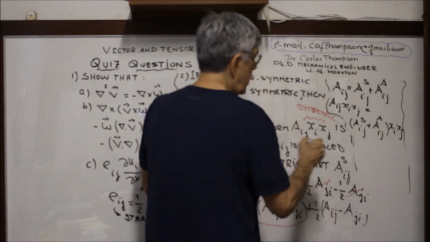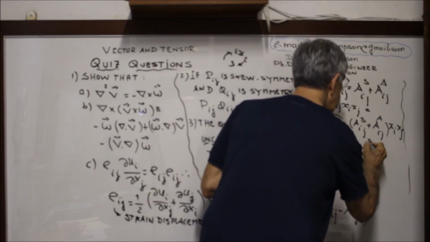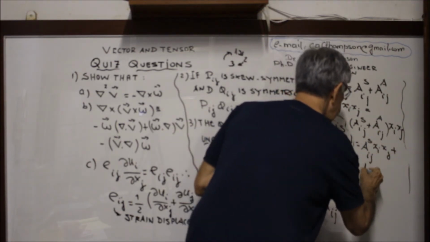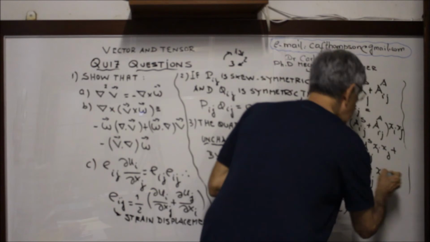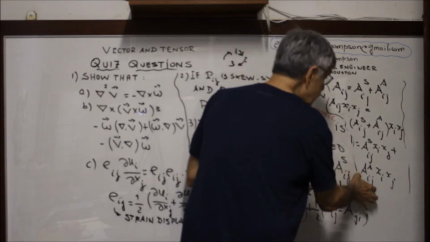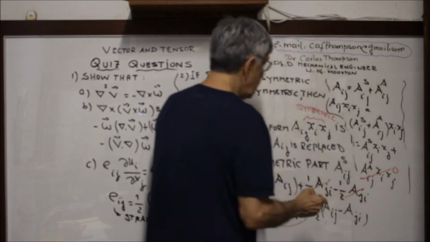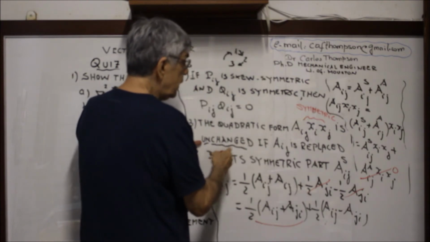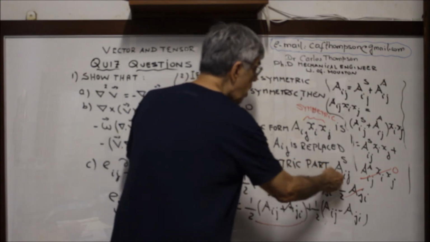This is equal to aij symmetric xi xj plus aij skew-symmetric xi xj. Now, we already did this before, so the anti-symmetric times the symmetric part will be 0.